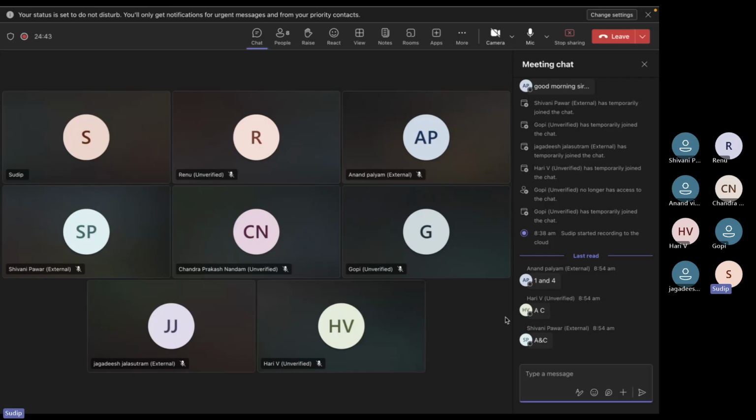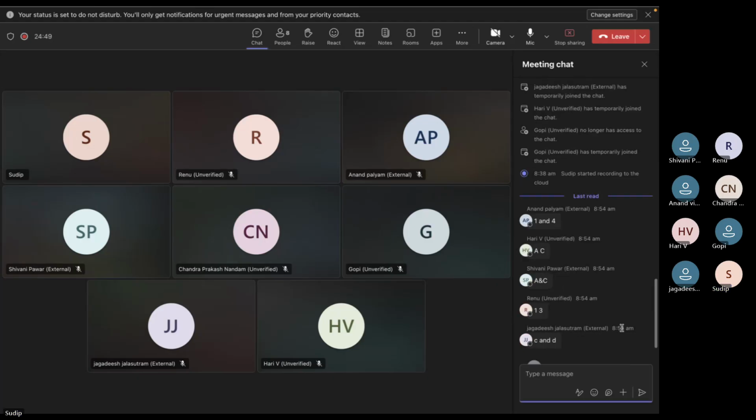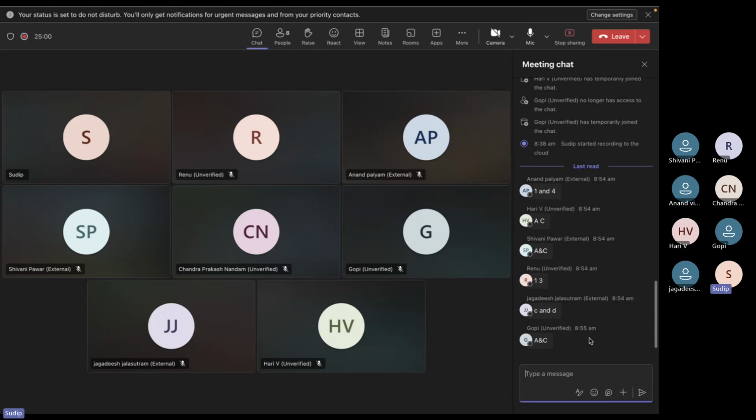How about others? Prakash, Renu, Jagdish. Renu says 1 and 3. Jagdish says 3 and 4. Gopi says 1 and 3. Prakash, are you not online?